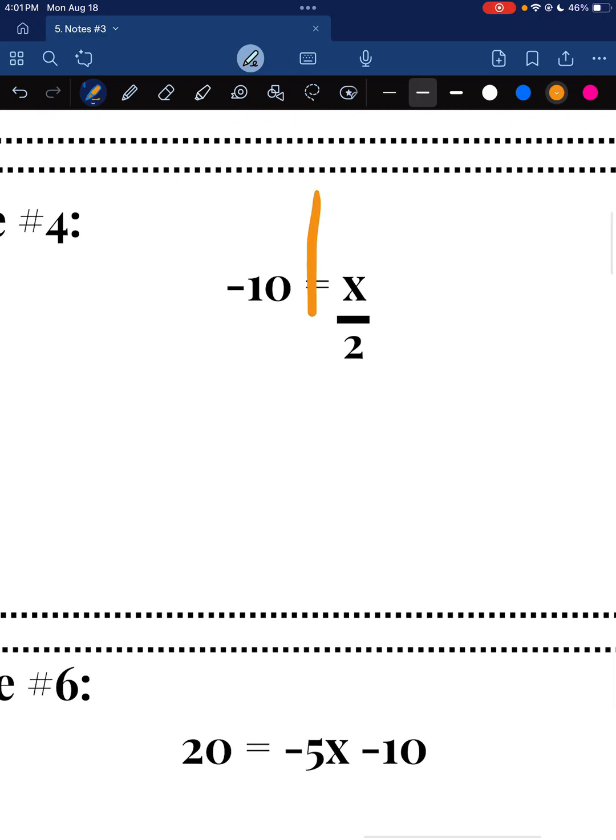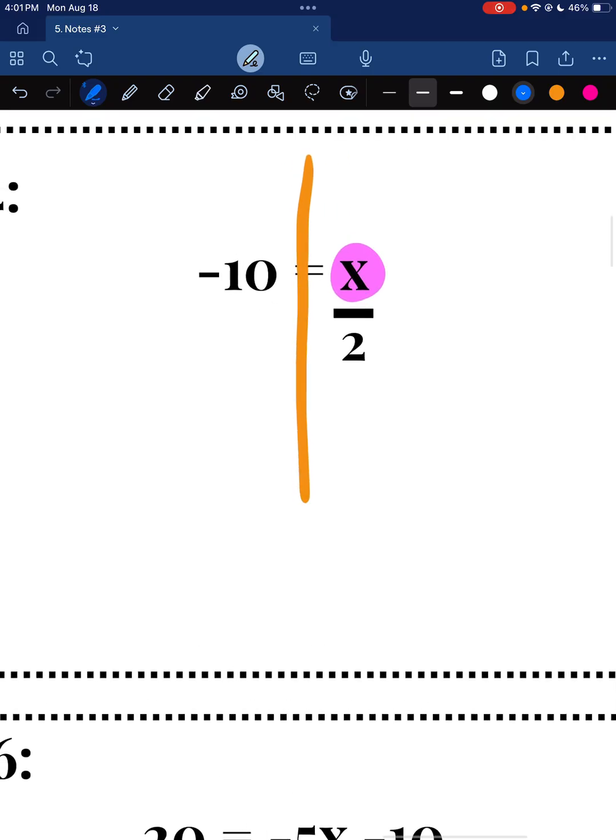Okay, the next one, the x is on the right side. That doesn't matter. We're still trying to get x by itself, whether it's the left or the right side. So here, we've got to get rid of the 2. When you have a fraction, this is like saying x divided by 2. So the opposite of dividing by 2 is to multiply by 2. The way you set it up, you put a times, and you put the 2 here, times the 2.